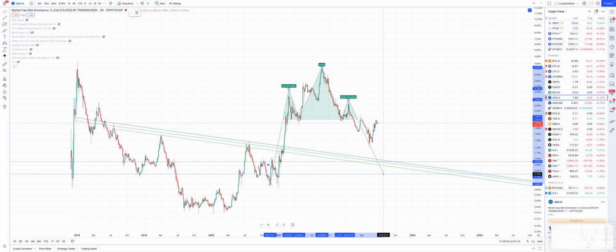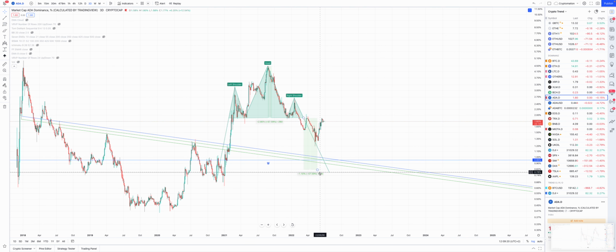I hope you see that as well. For head and shoulder formations we measure from the top to the neckline and add it to the neckline, and then we see where the target is for that formation. And so it's going to be another 57% drop.